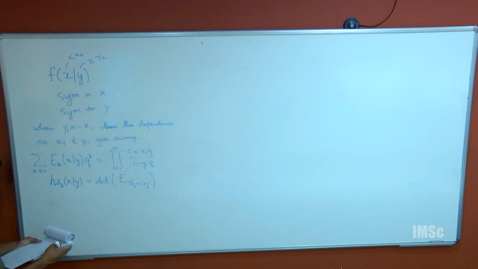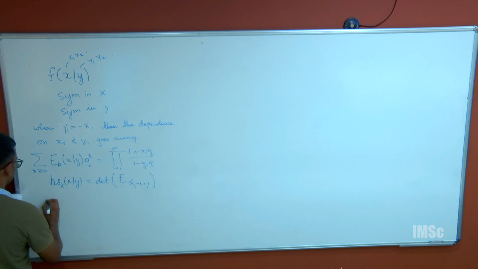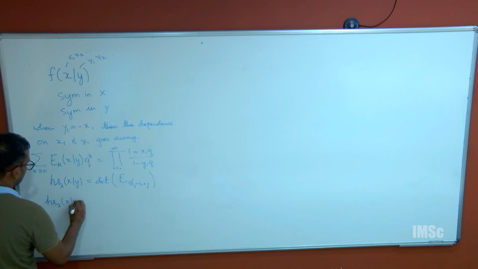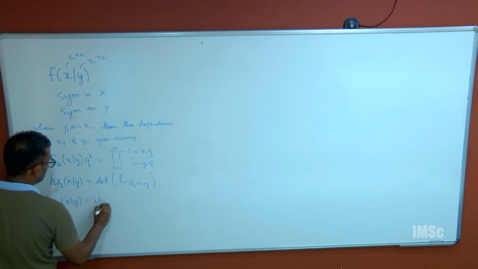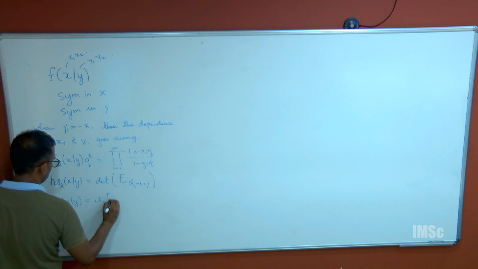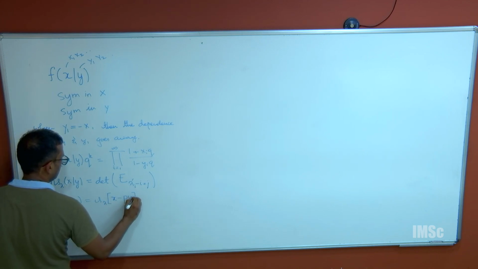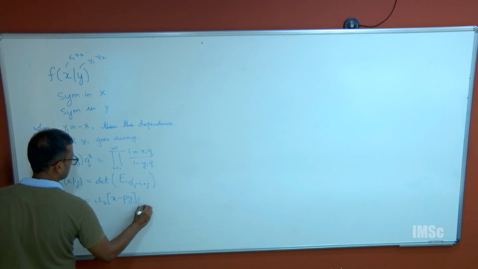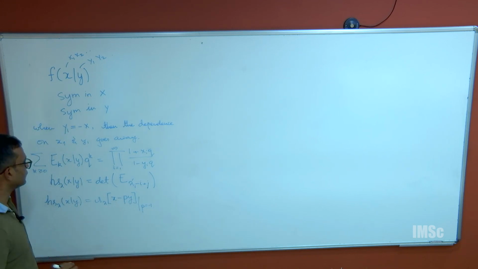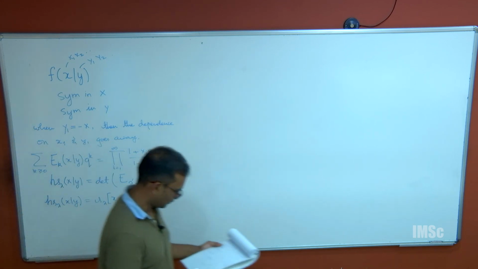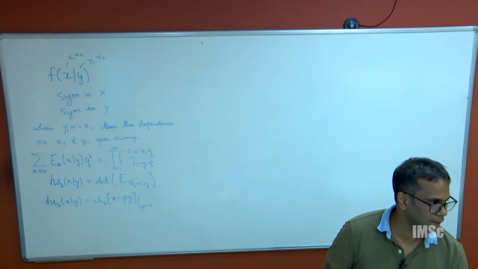And she proved a very nice formula for these using plethysm, which was that Hs lambda of xy equals S lambda of plethysm x minus py evaluated at p equals minus 1, right? Okay, so that was a summary of some of the things that Nishu did last time.